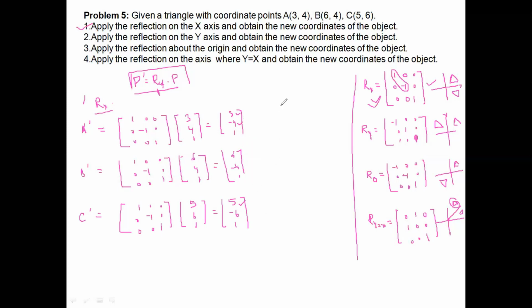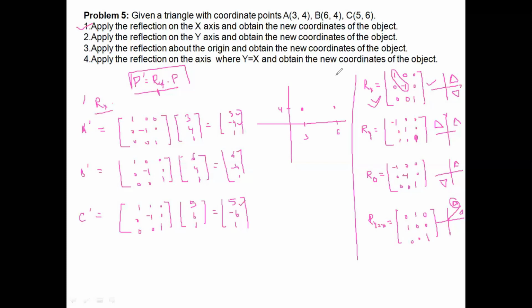Okay, so if I draw the figure, first the a point is given as 3 4. Let's say this is 3, and this is 4. So this is the point 3 4. The next point is 6 4, so this is 6, and this is 4.